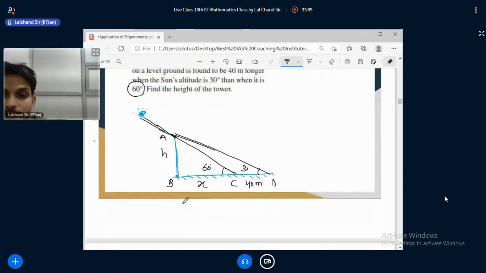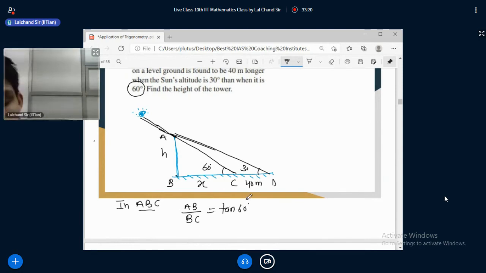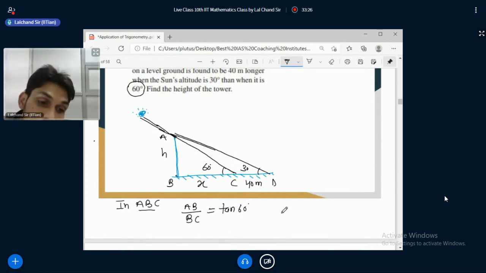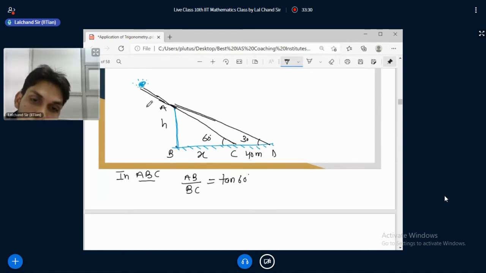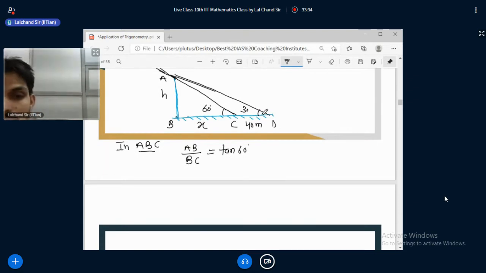Okay, so if we apply in triangle ABC, AB divided by BC, that is equal to tan 60, isn't it? We can write like this. Okay, so what is the value of AB? AB value we need to find out, that is H unit.